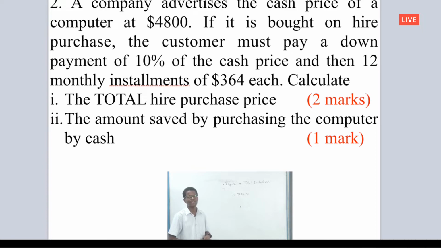So you're going to get 3 minutes to do this. Let us see what you're going to do to complete it. But we're going to do it in parts. So for the first part, the total hire purchase price, I'm going to give you 2 minutes to do that part.